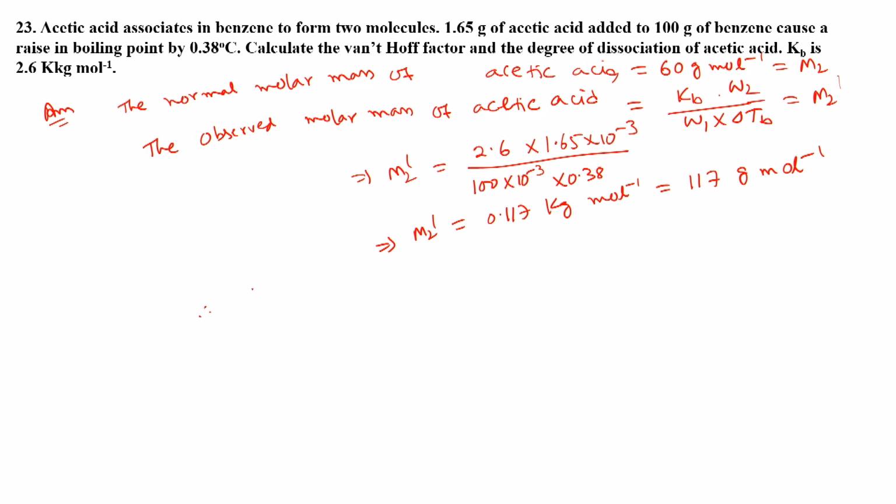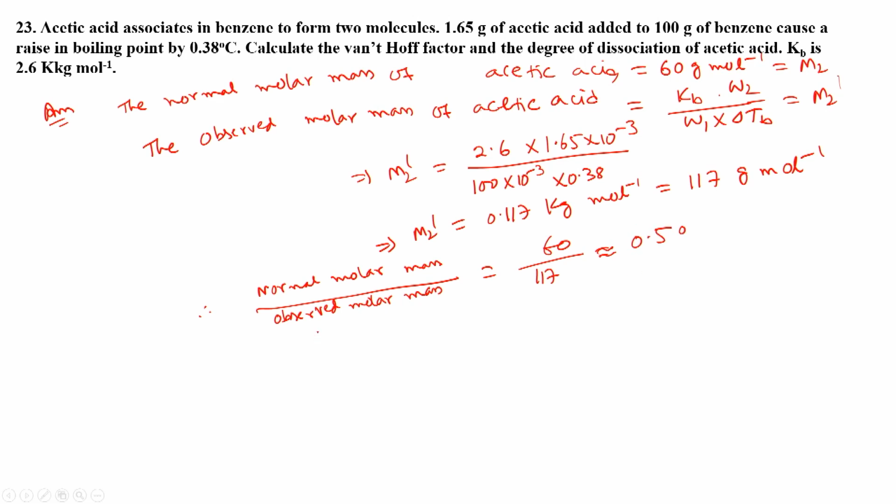So, therefore, normal molar mass by observed molar mass is 60 by 117, so you get close to 0.5, 50% basically, so 0.5.